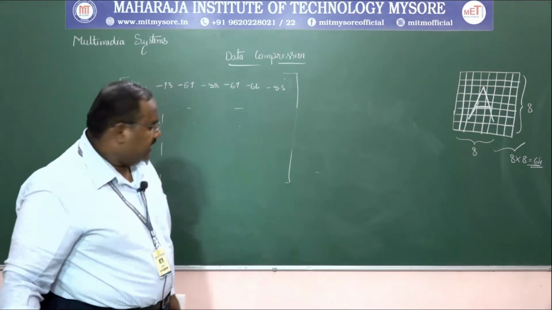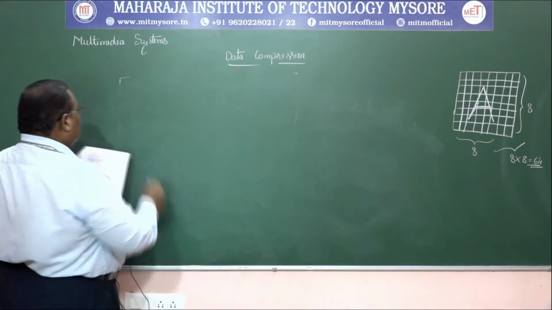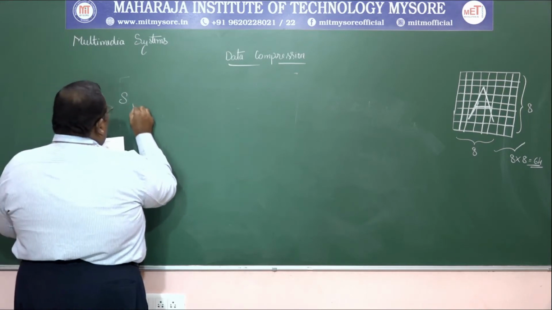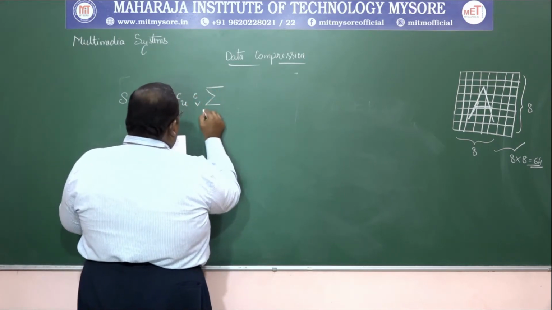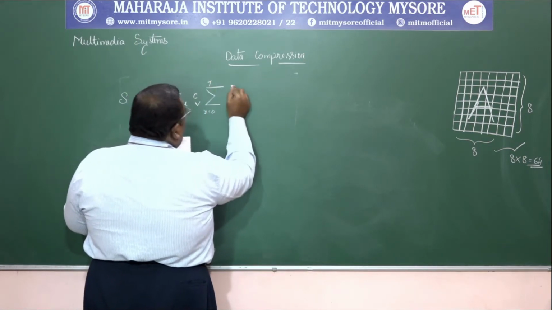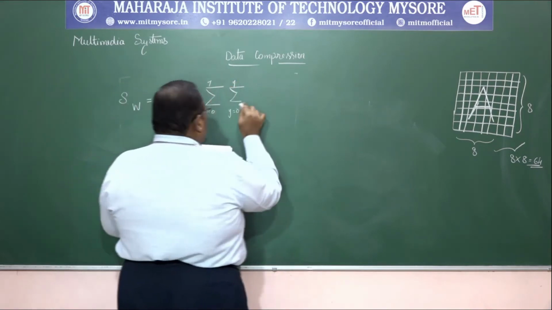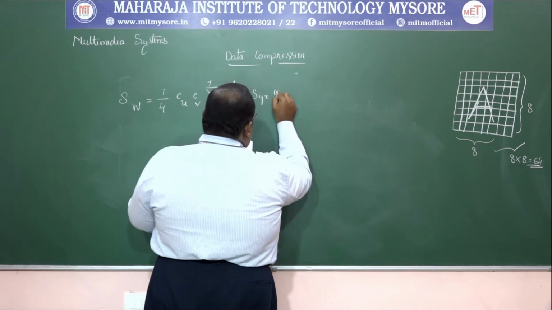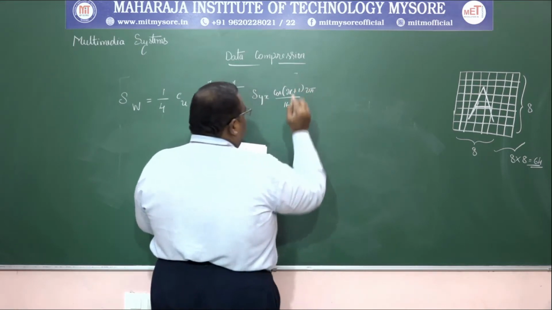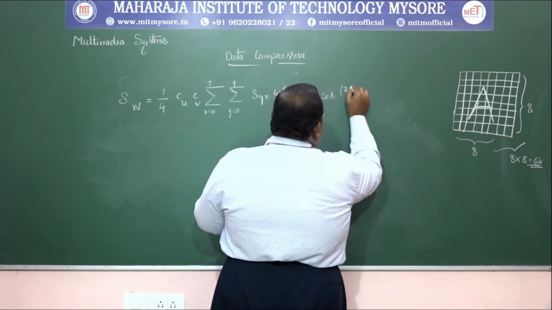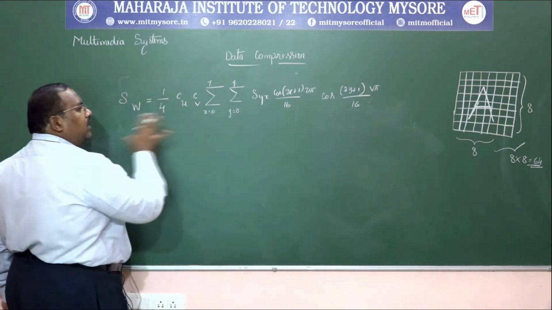The formula goes like this: the new matrix S of VU is equal to 1 by 4 C of U, C of V, times the summation of x from 0 to n and the summation of y from 0 to 7, that is n minus 1, meaning 8 minus 1, it's 7 here, of cos of (2x plus 1) u pi by 16, because we are taking two matrices, times cos of (2y plus 1) v pi divided by 16. So this is the standard formula that has been provided.